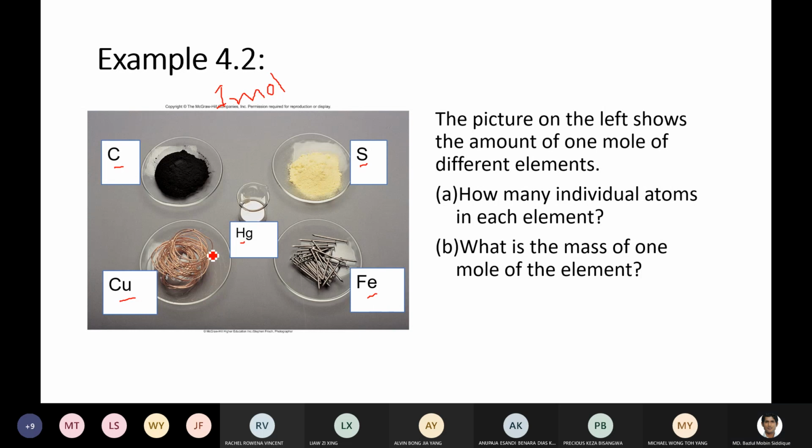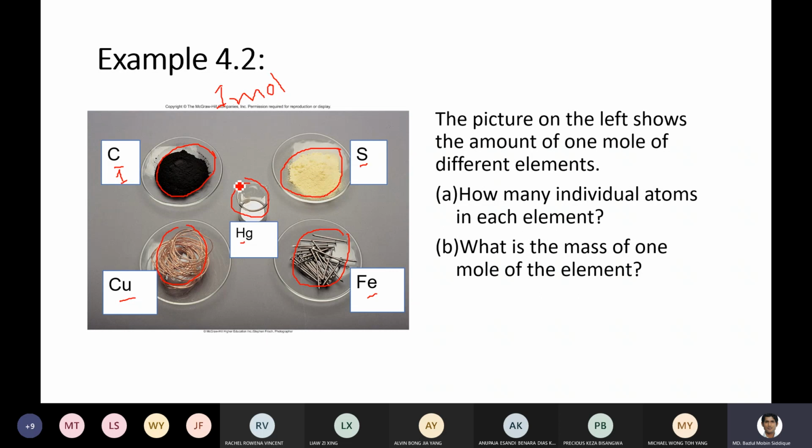Now there are 2 things here: how many individual atoms are in each element? How many atoms of carbon will be in here, how many atoms of sulfur, iron, copper, and of course mercury?